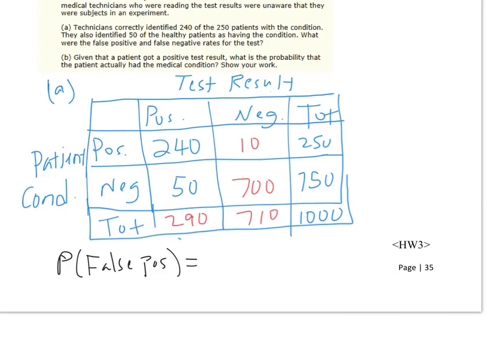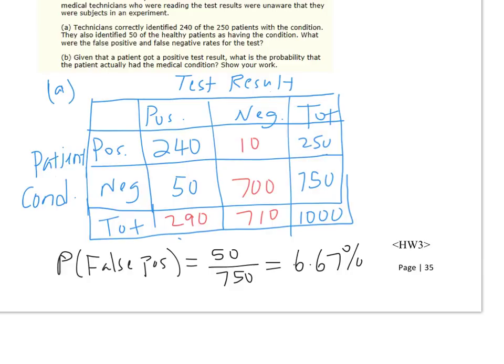So the probability of false positives would be the 50 patients who came up positive in the 750 patients who don't have this disease. So we get a false positive rate of 6.67%.